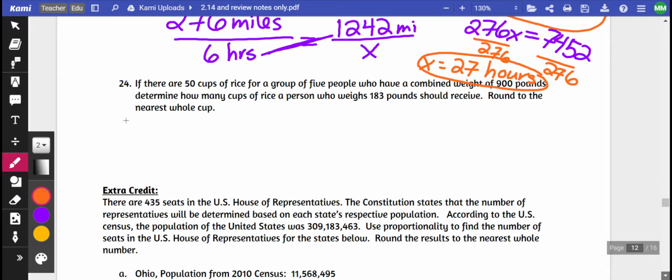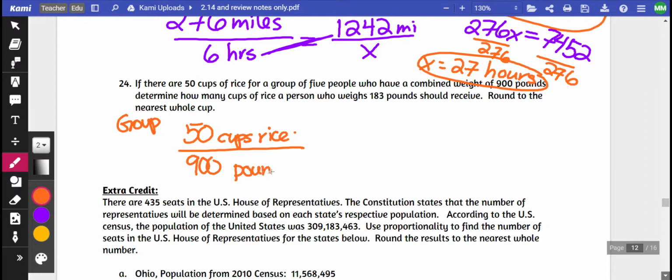So for the overall group, we have how much rice they should get, and we have how much weight overall the group is. Then we have the one person. We know the one person is 183 pounds. I want to find out how much rice they should get.